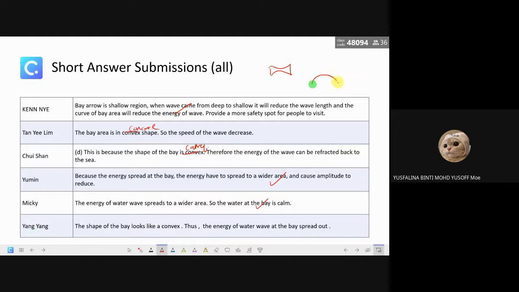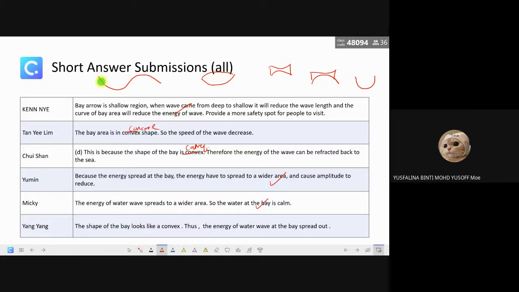Convex, because it's like this, right? Wait, I draw for you. This one is a convex. You see this one? Let's say this is the beach, right?